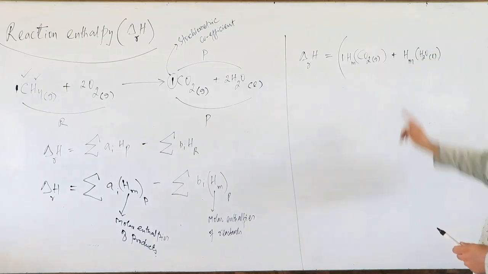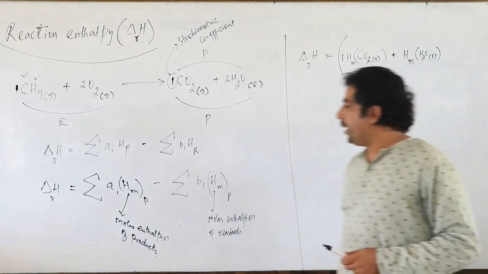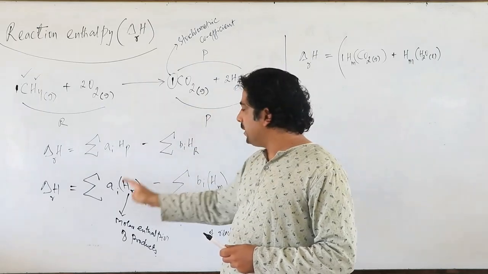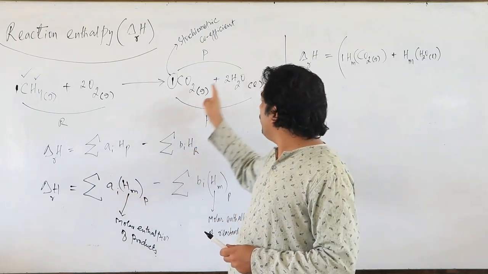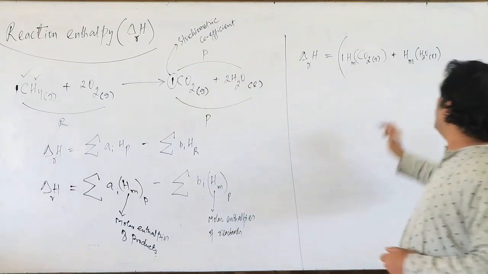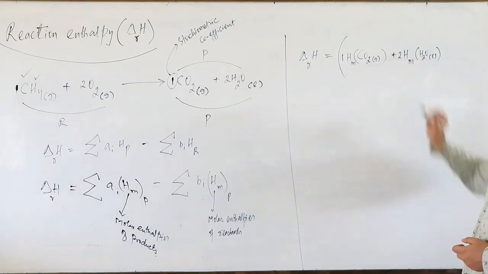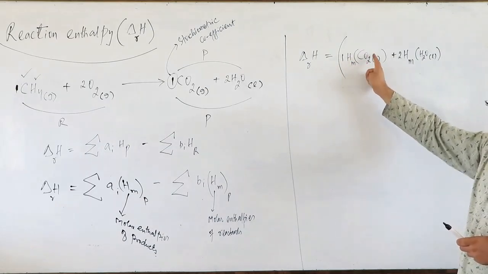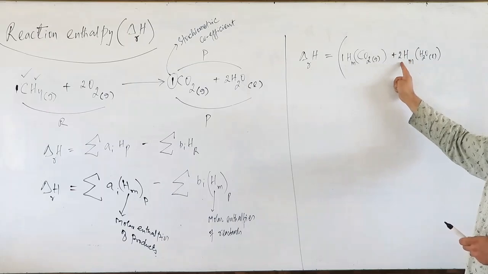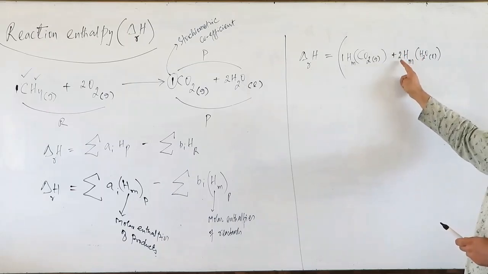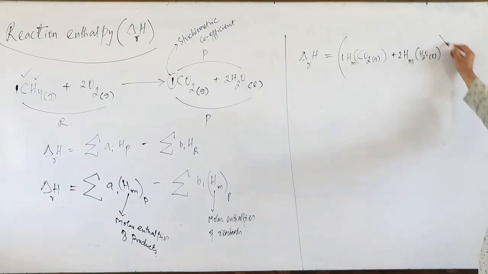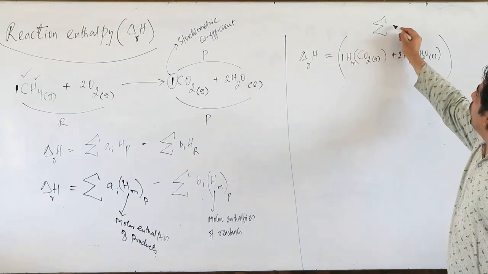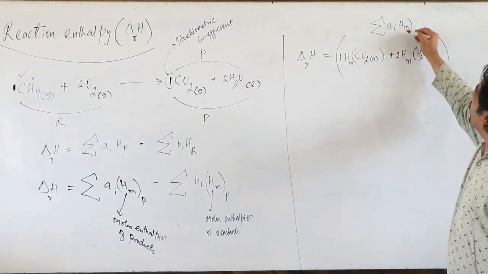I am taking the molar enthalpy of the product water multiplied by vi. What is vi for water? 2. The stoichiometric coefficient is 2 here. So the expression becomes vi times the molar enthalpy of carbon dioxide plus vi times the molar enthalpy of water. Water is how many moles? 2 moles. Now this entire expression is the sum of the molar enthalpies of products.